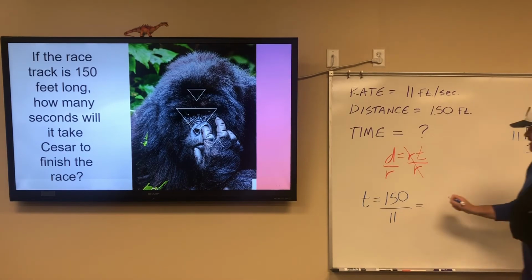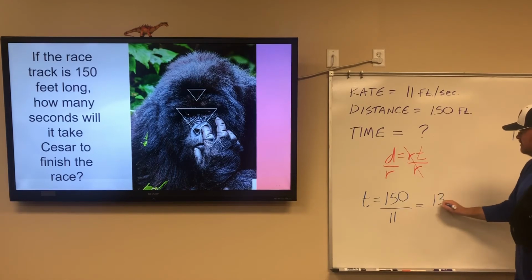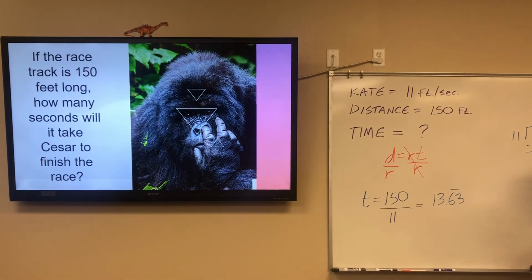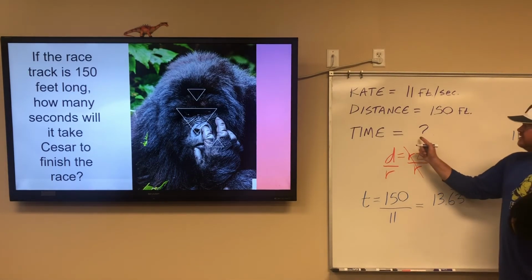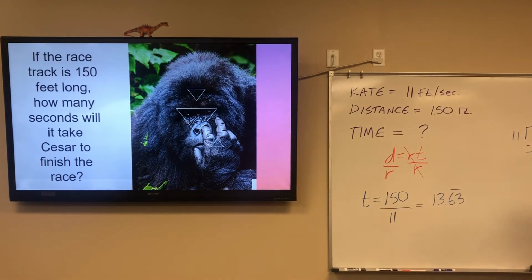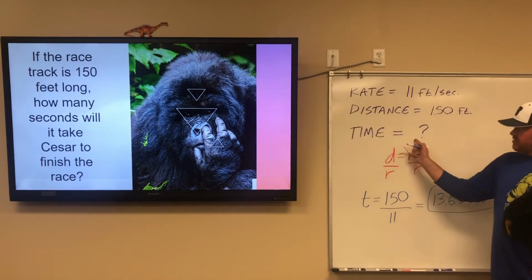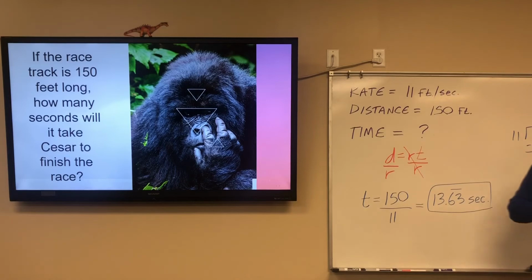So it comes out to 13.63, and that's repeating. So that means that Caesar would have run 150 feet in 13.63 seconds. Okay? And there's my answer. So there's my time element.